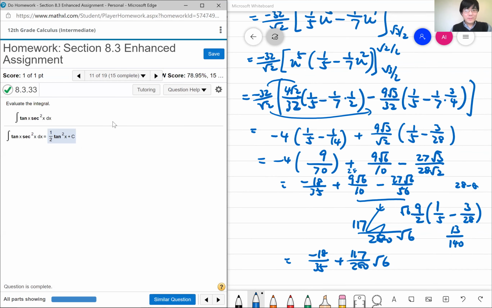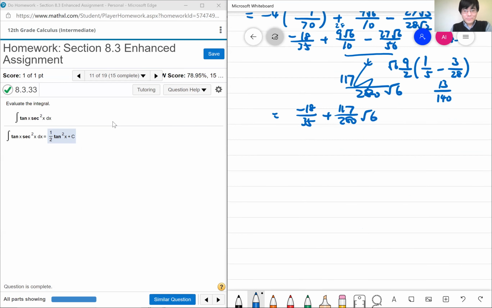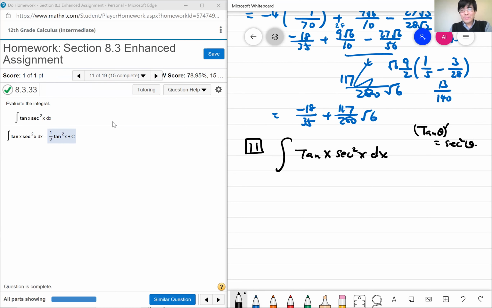Okay. Now a problem about the tangent and secant. So number 11. It's tangent times secant squared x dx. Remember, the derivative of tangent was secant squared.